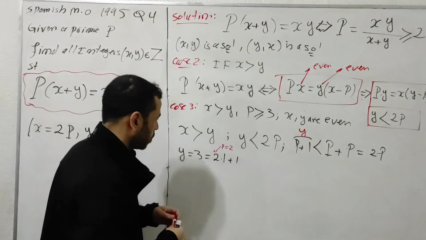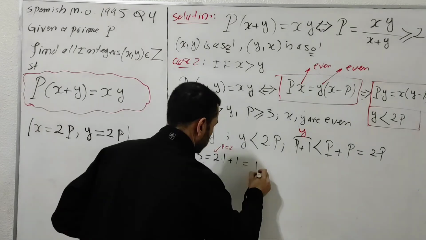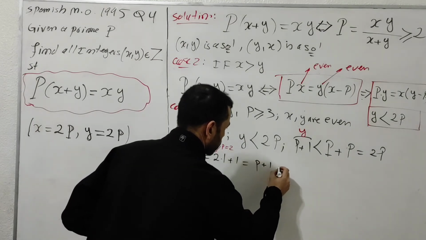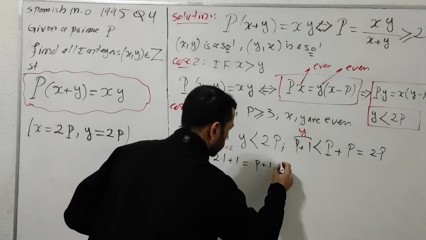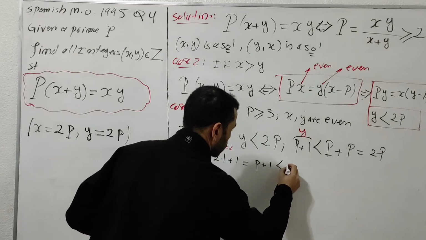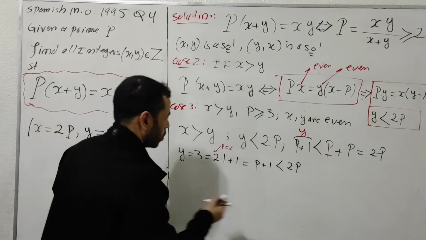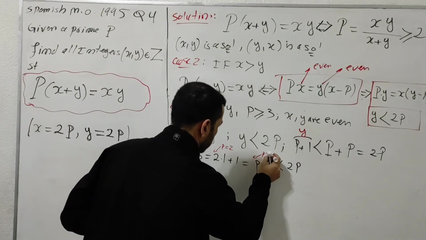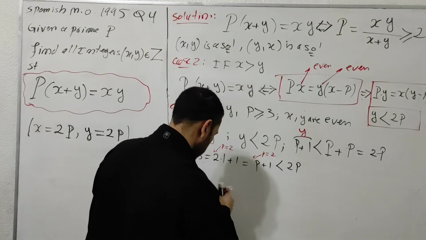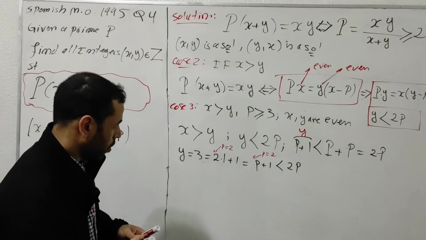Then this one equal to this one, which is p plus 1, which is strictly inferior to 2p, when we have p equal to 2.